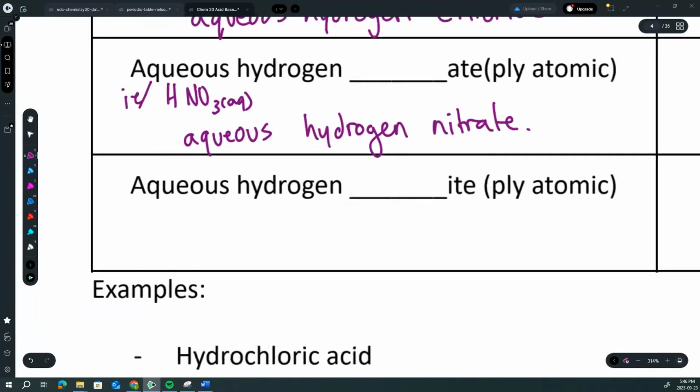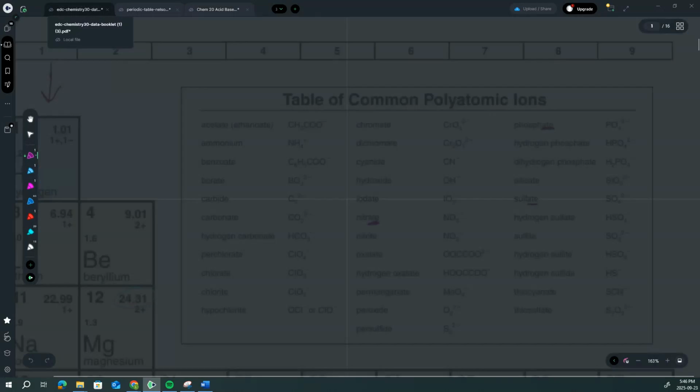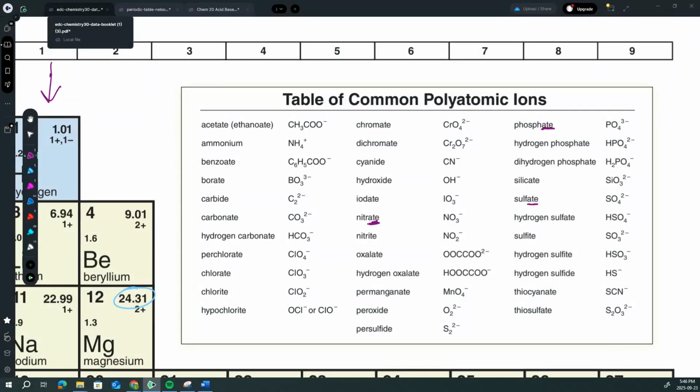Okay. Last but not least, if we have a polyatomic ion whose name ends in ITE, then we're going to have yet another rule for that. Some examples of polyatomic ions that end in ite would be sulfite and nitrite.